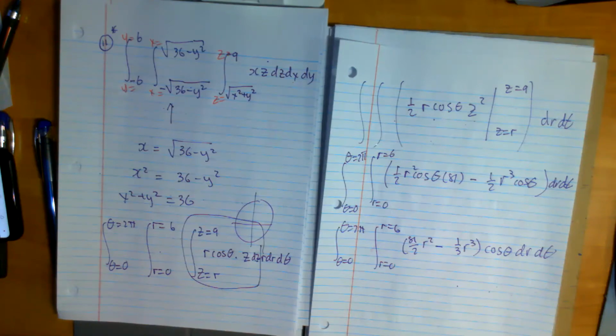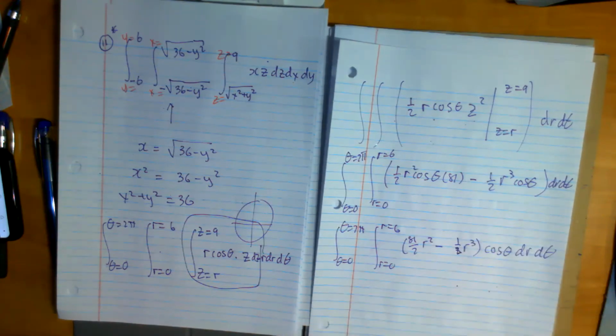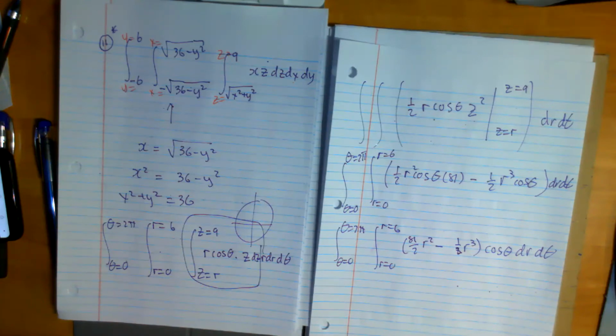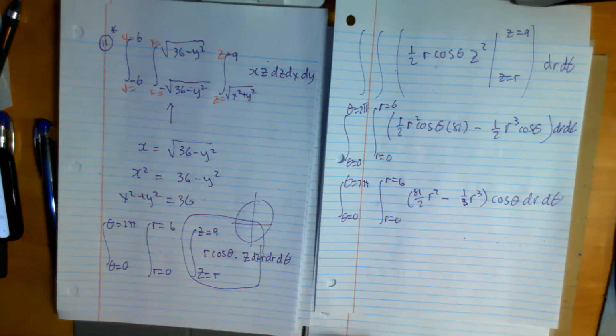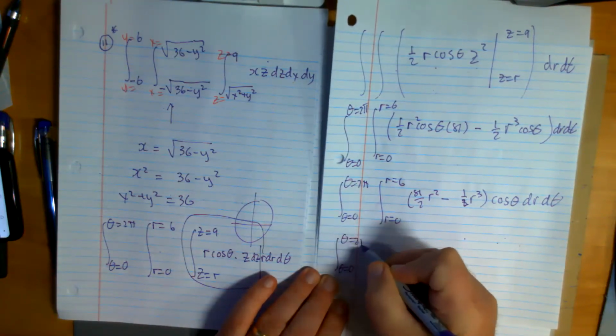Why do you think I'm doing that? It's just 1/2 r cubed. Why am I pulling out the cos theta? What do you think the reason behind it is? You can separate variables. Right, so it's not much of a benefit, but it's better than nothing, right?